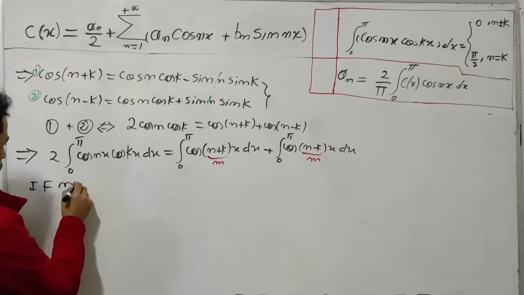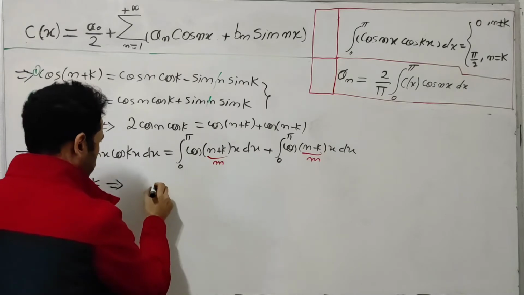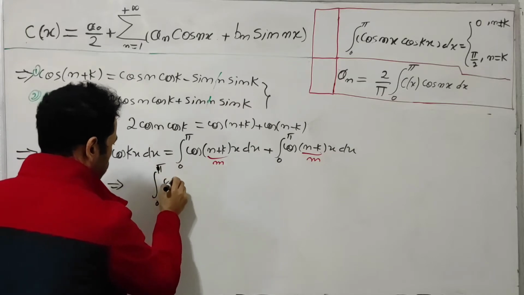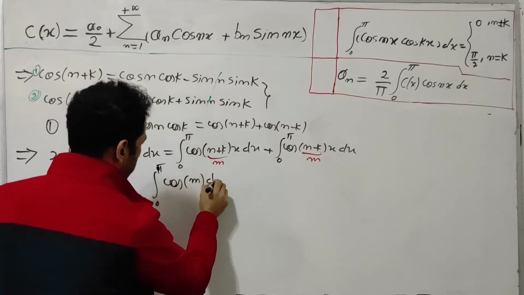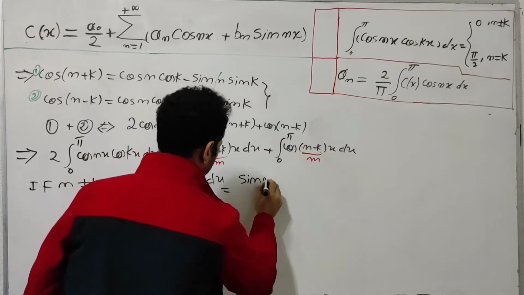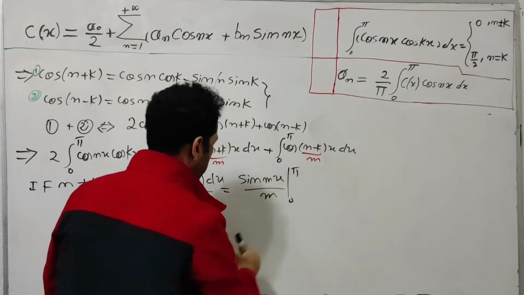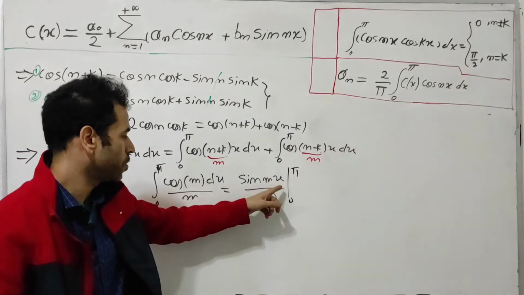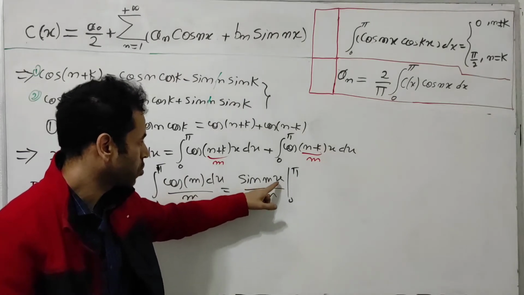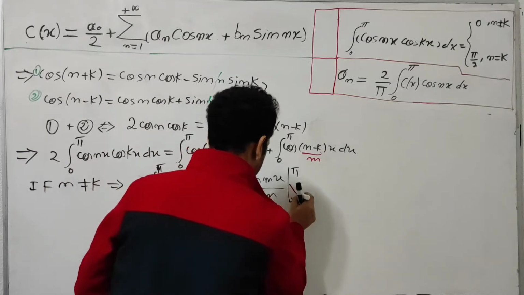If n is different than k, this integral as x goes from 0 to pi of cosine of mx dx, I will have sine of mx over m as the bound goes from 0 to pi. If you replace x with pi, the sine of pi equals 0, minus 0, because if you replace x with 0 it will be 0 as well. So my integral here will be 0.